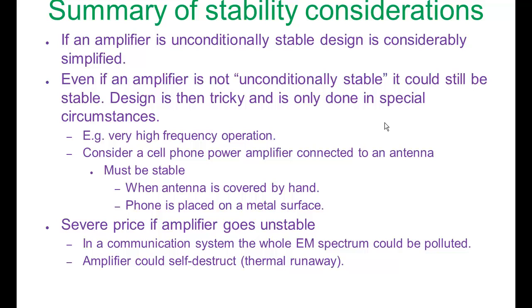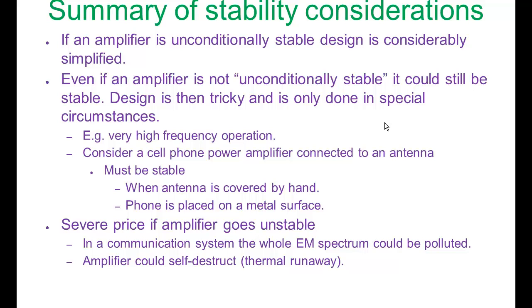There's a severe price to pay if the amplifier goes unstable. In a communication system, if the amplifier goes unstable, the whole EM spectrum could be polluted. The amplifier could self-destruct, there could be thermal runaway. And in the agreements that cell phone manufacturers make with the service provider, there are dollar penalties to be paid if the amplifier goes unstable in a cell phone.